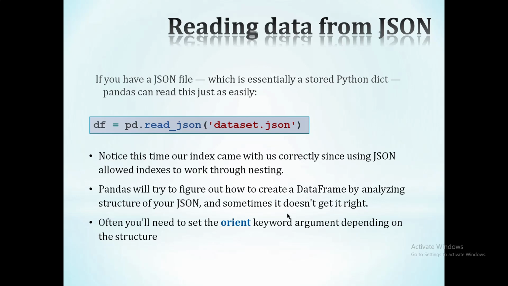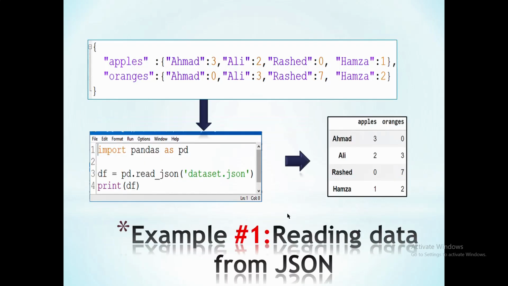Pandas will try to figure out how to create a data frame by analyzing the structure of your JSON, and sometimes it doesn't get it right. We need to set the orient keyword argument depending on the structure. We only have to include the orientation so that the index will be easily assigned.